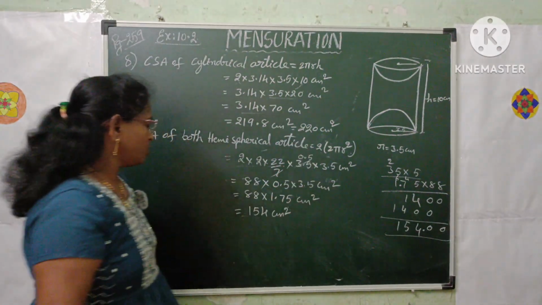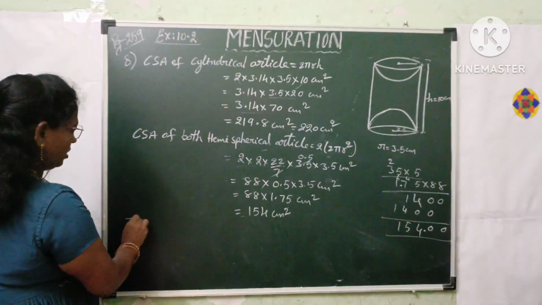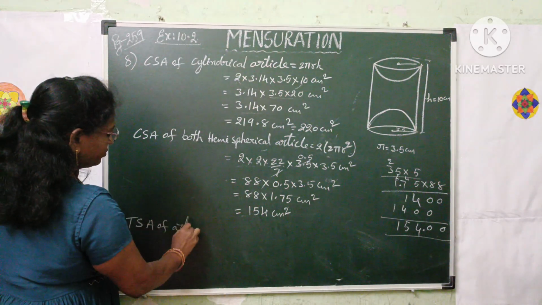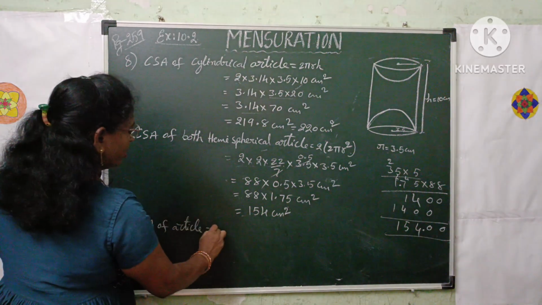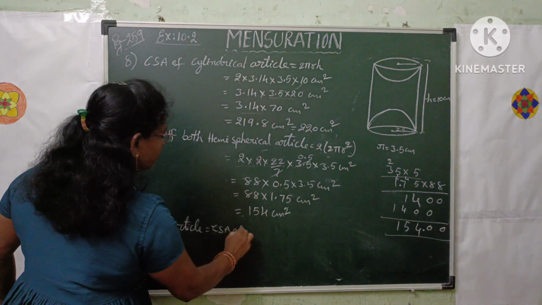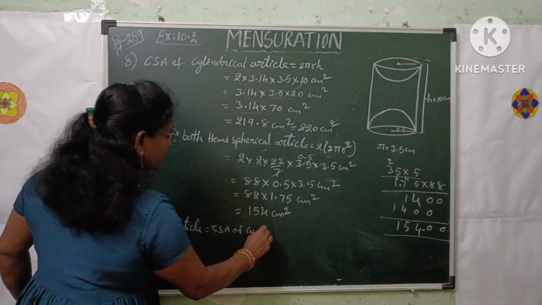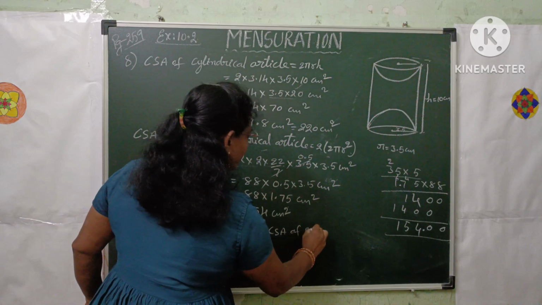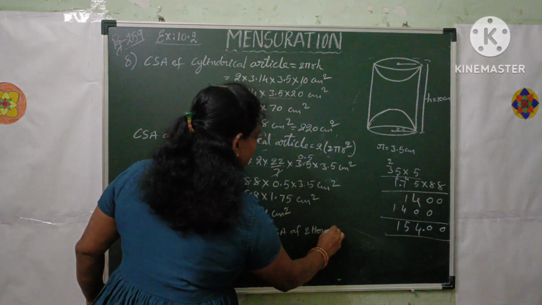So the total surface area, TSA of the article, equals CSA of cylinder plus CSA of two hemispheres.